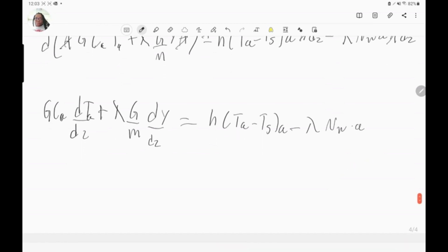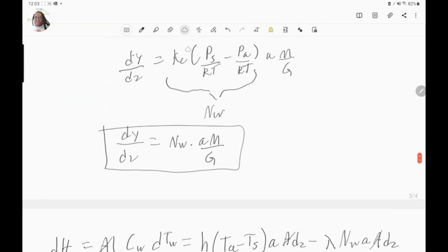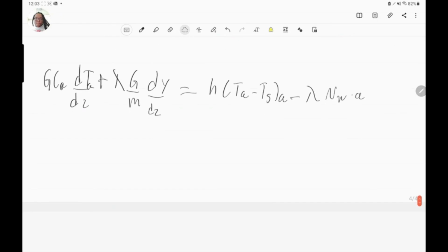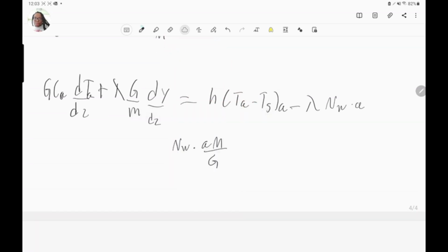And so coming up here, as we found earlier, we're going to copy and paste this. And so we see that this is equal to dy dz. And so from there, we see m over g here, so that'll cancel out. And we see our a times nw, and so these will cancel out.